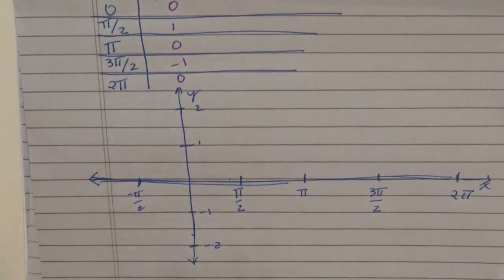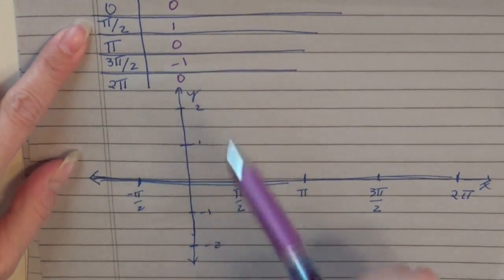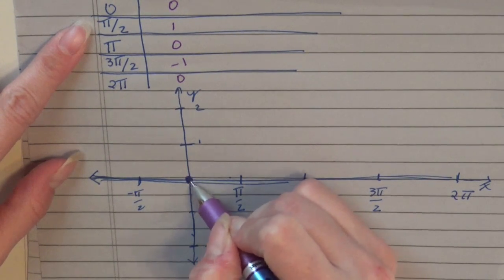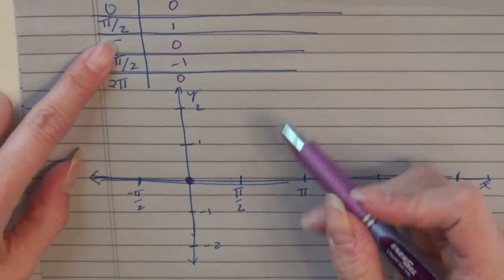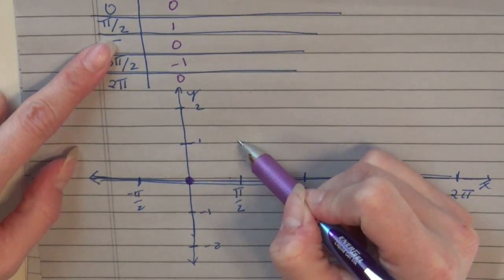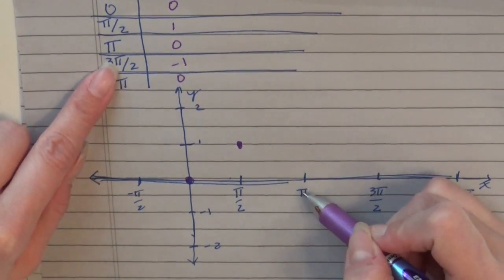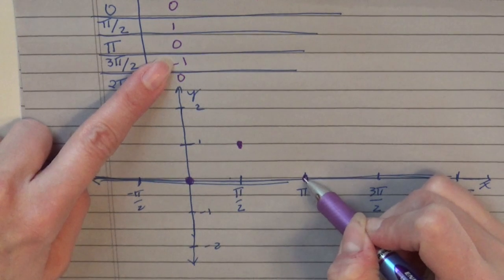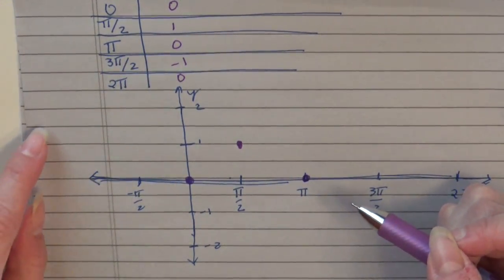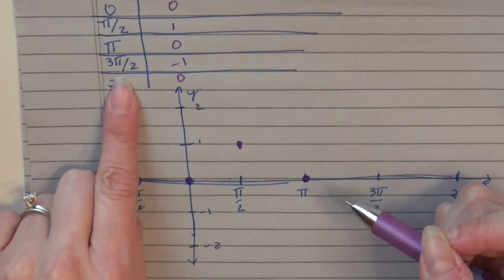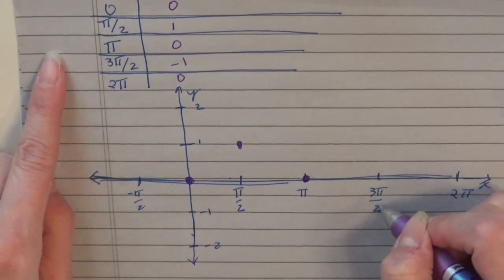Okay, so let's find these ordered pairs. We've got the ordered pair 0, 0. Then when x is pi over 2, y is 1. When x is pi, y is 0 again. When x is 3 pi over 2, y is negative 1, so it's down here.